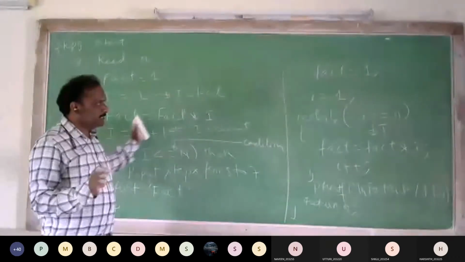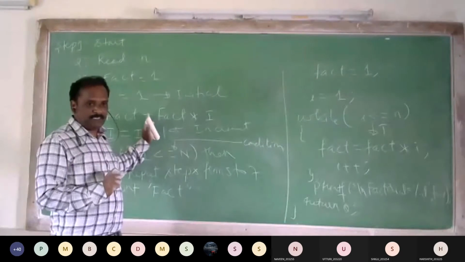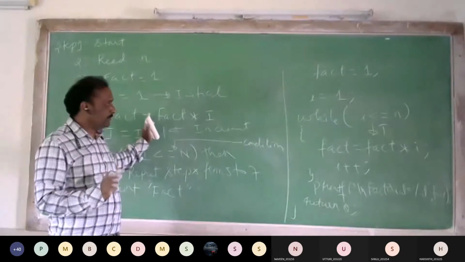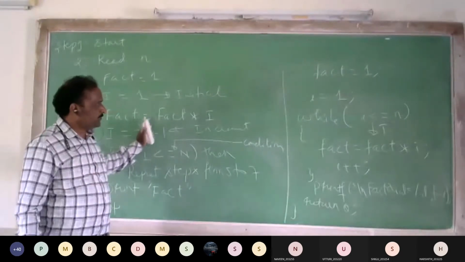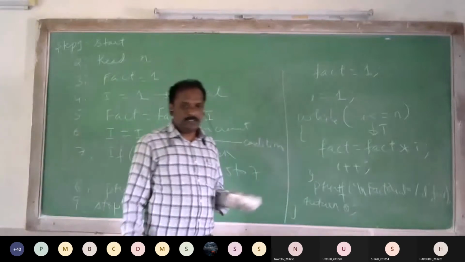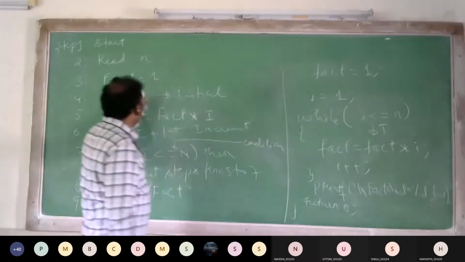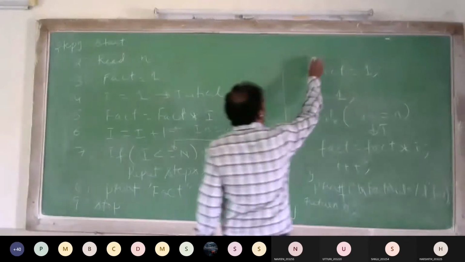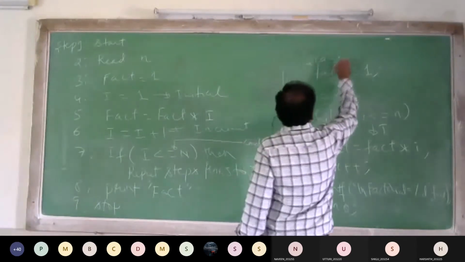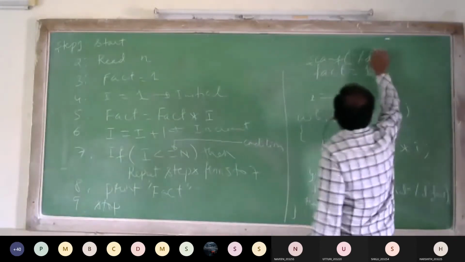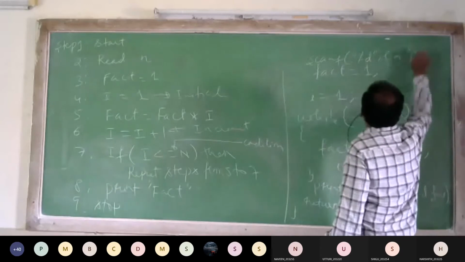My question to you is, whatever algorithms we have written, you must be able to convert them into a C program. For reading the n value, we will use scanf %d, address of n.